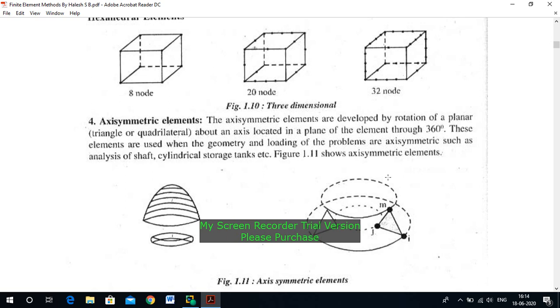These elements are used when the geometry and the loading of the problem are axisymmetric, such as analysis of shafts, cylindrical storage tanks, etc. The figure I drew here shows examples of axisymmetric elements.